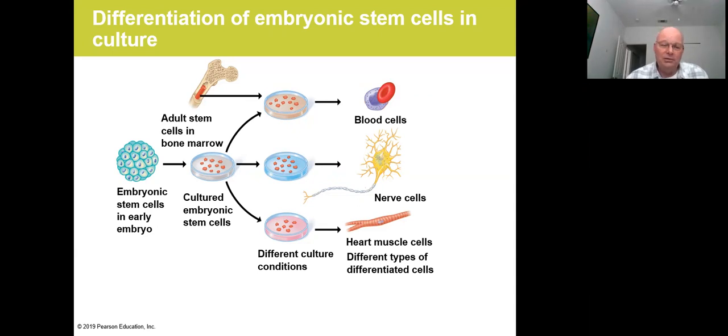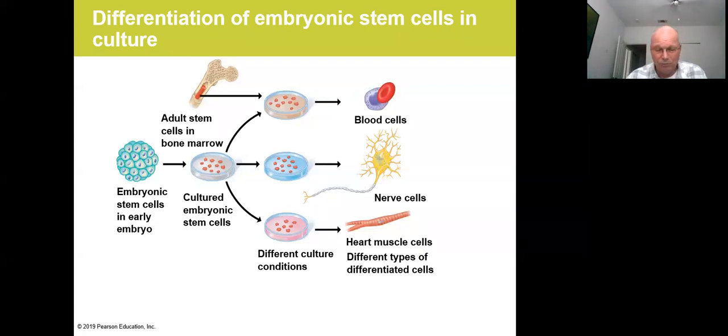And then you can take those embryonic stem cells, and because we know a little bit about how these cells develop following the different branches on the tree, you can start to use them to create different types of cells that might be useful for doing tissue repair. So if we look at the adult stem cells that are found in bone marrow, we know that those can become all the components of blood.